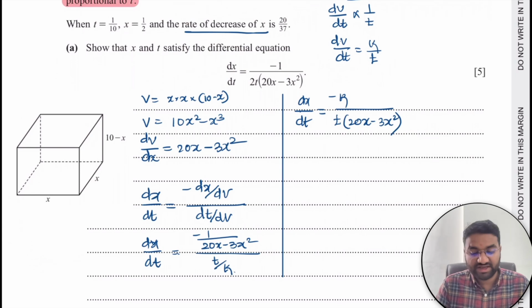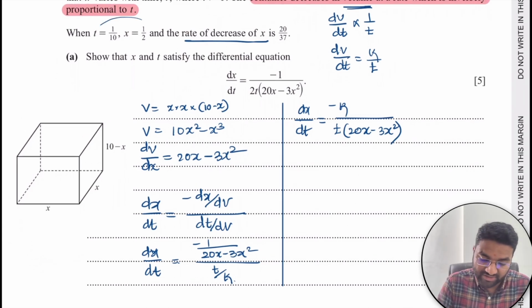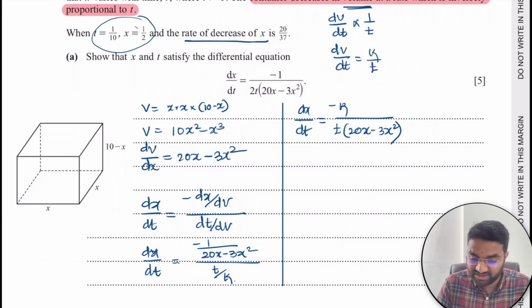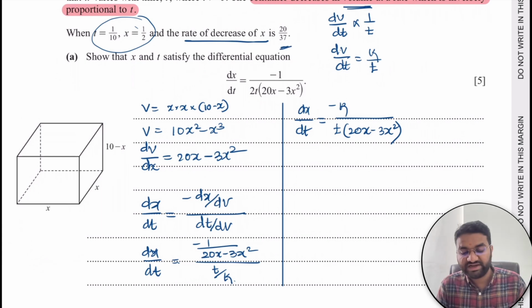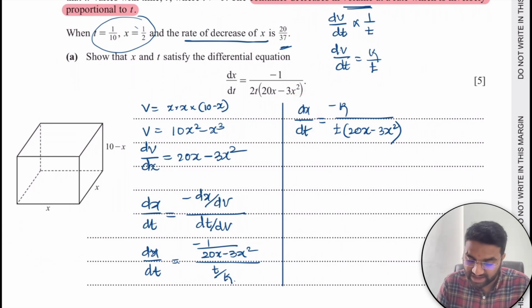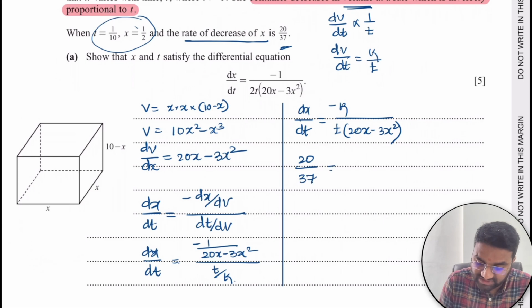Okay, that's it. Now the next part is we have to substitute the t value and x value here and equate with 20 by 37 so that we will get dx by dt. So substitute these values. It will be 20 by 37, which is equal to minus k over t, which is 1 upon 10, in bracket 20 times 1 by 2 minus 3 times (1 by 2) bracket square.